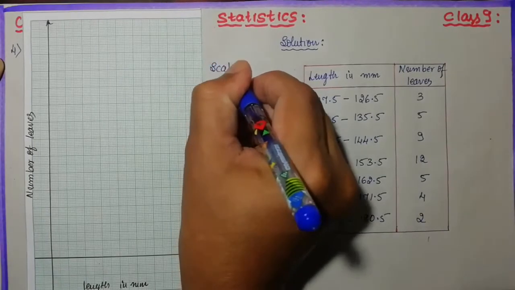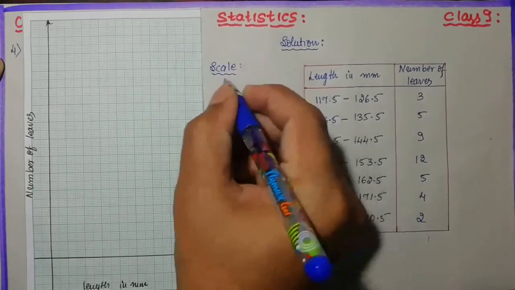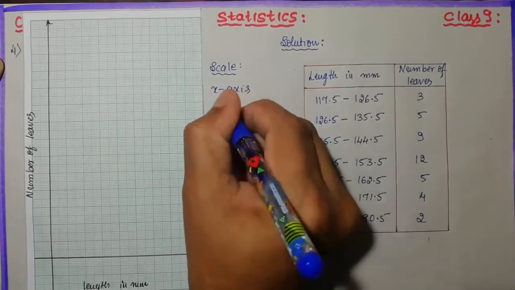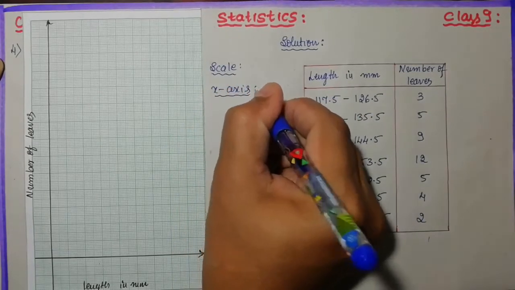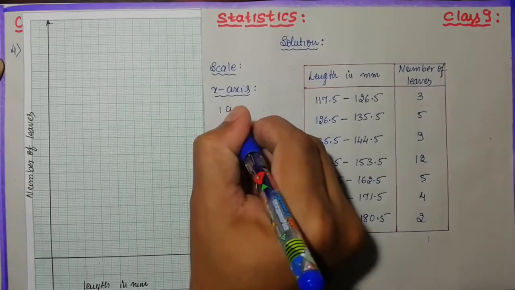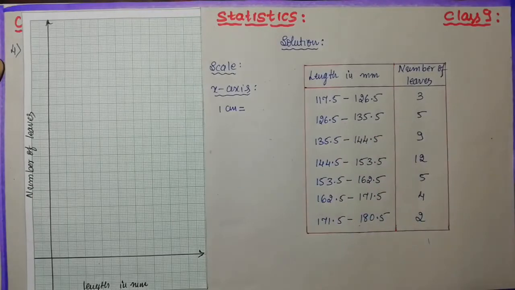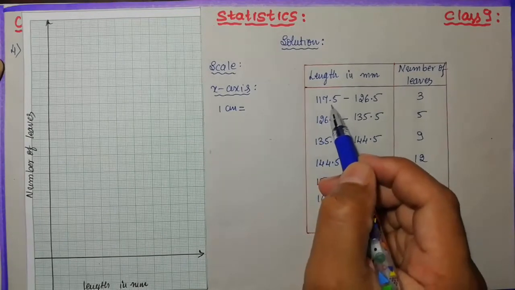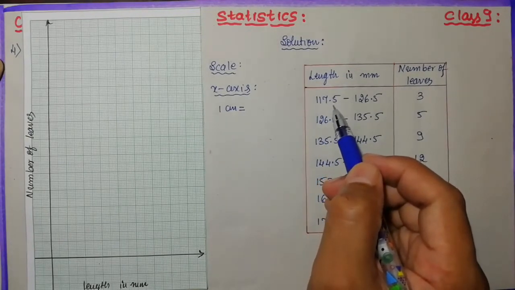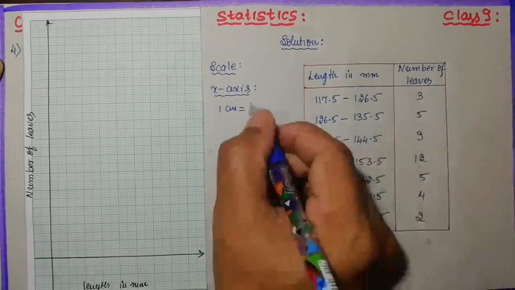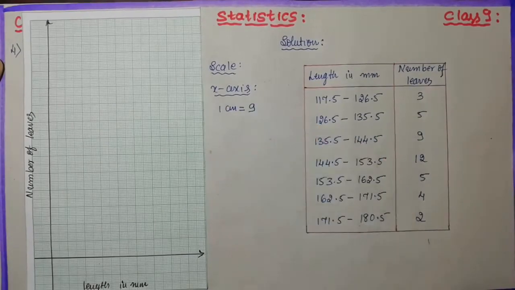The scale is like this. For the scale on the x axis, 1 centimeter is equal to, so what is the width? Just understand what the width is here. 117.5 means, if you take 118, 2 plus and here 7, I think it is a 9 difference.